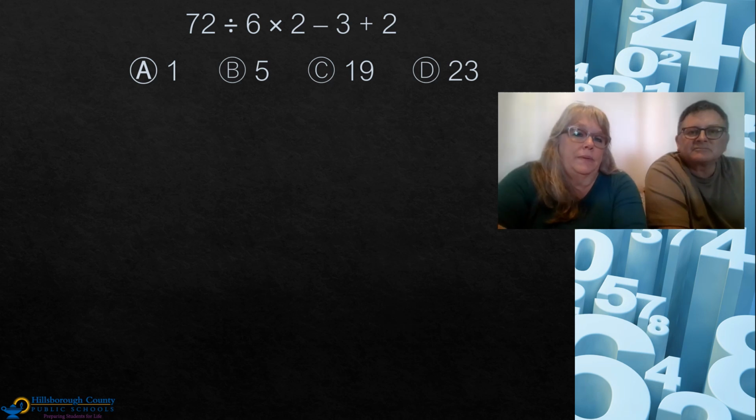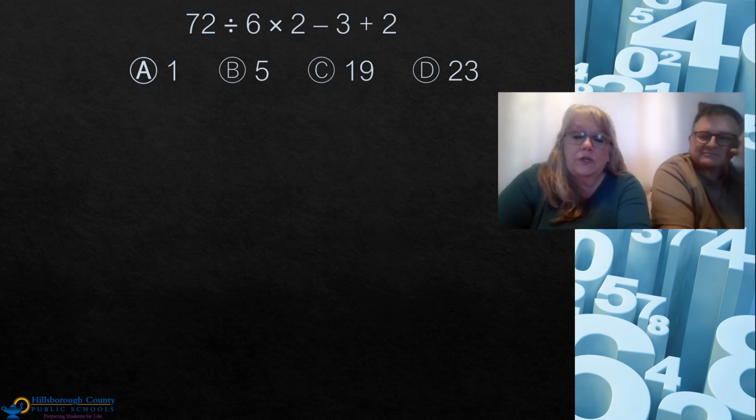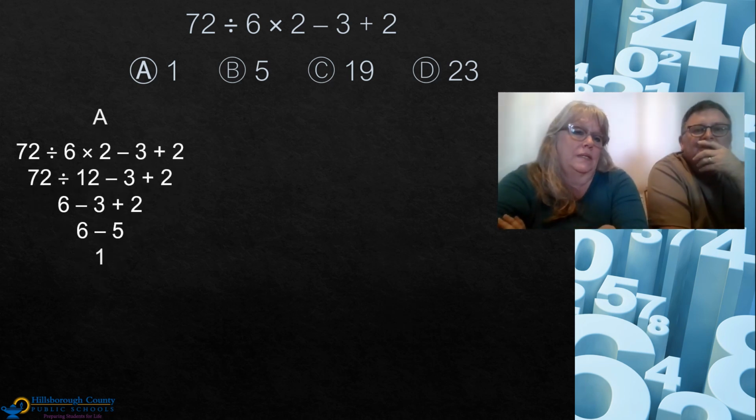Here we see a typical multiple choice problem that a student might see on an exam or a test. So all 4 of those answer choices are reasonable if students have misconceptions. There is a misconception associated with every single incorrect answer, and we're going to take a look at how students solve to get those solutions. So with A, Daryl, where do you see some mistakes in A?